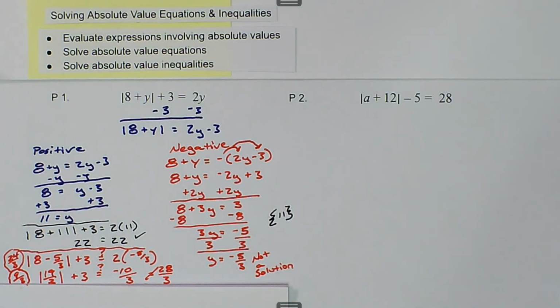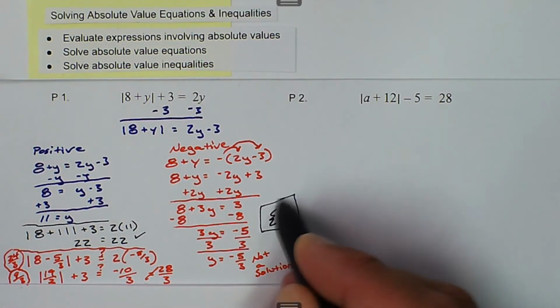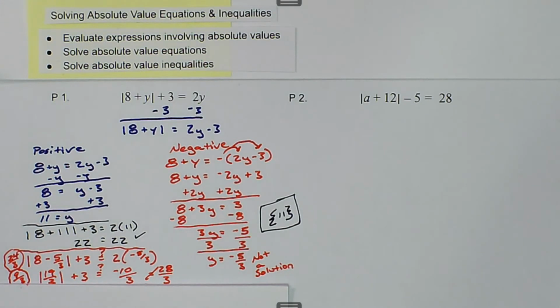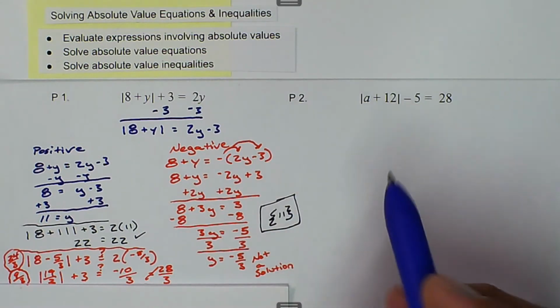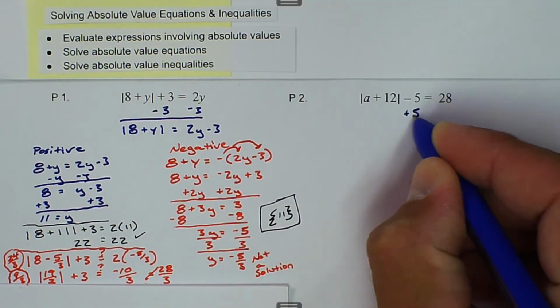All right, next one we come to is the absolute value of a plus 12, minus 5, is equal to 28. And that's going to be the same thing. We have to get the absolute value by itself. So the first thing we do is add 5 to both sides.